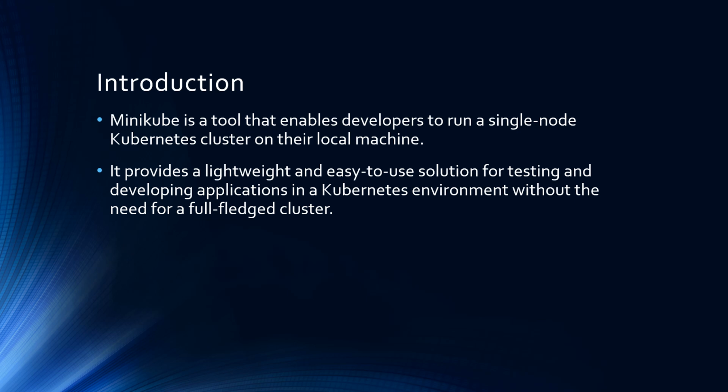As we proceed through this section, you'll learn how to install and configure Minikube, work with basic Kubernetes objects, deploy applications locally, test your configurations, debug common issues. Remember, Minikube is your stepping stone to mastering Kubernetes in larger production environments.